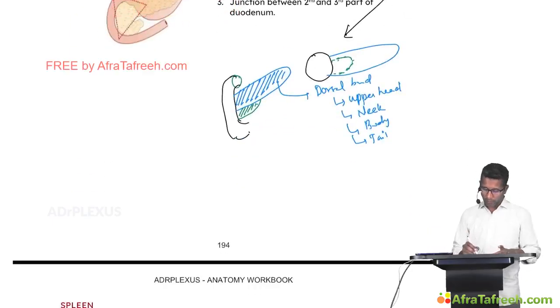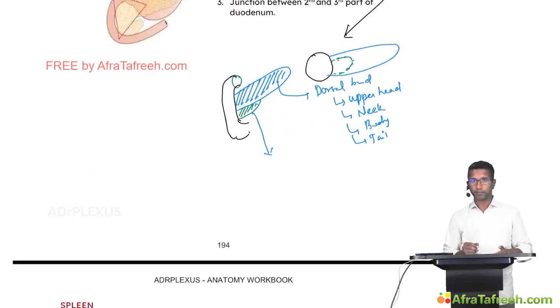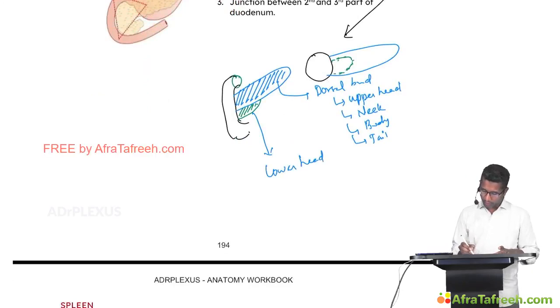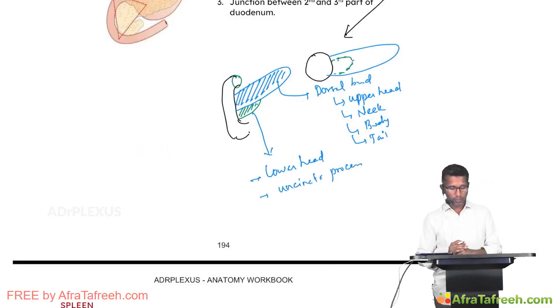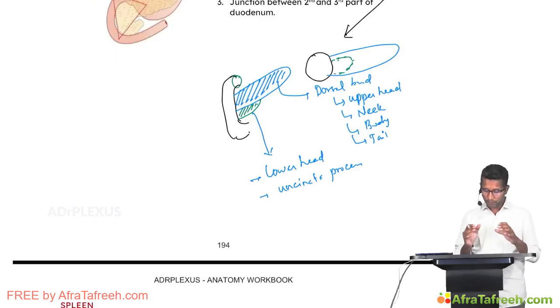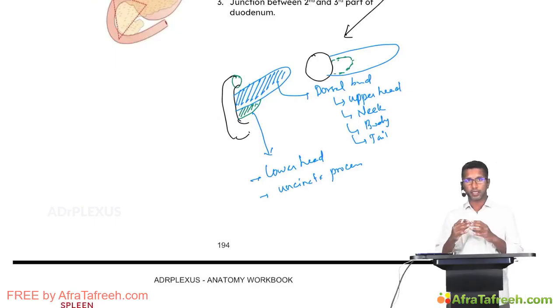Whereas the ventral bud gives rise to the lower half of the head, and it also gives rise to the uncinate process. This is how the pancreas is derived.